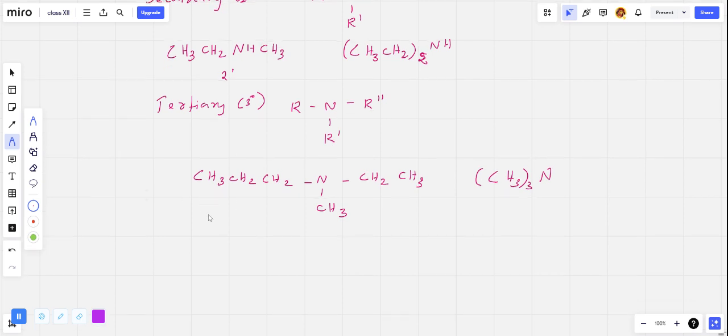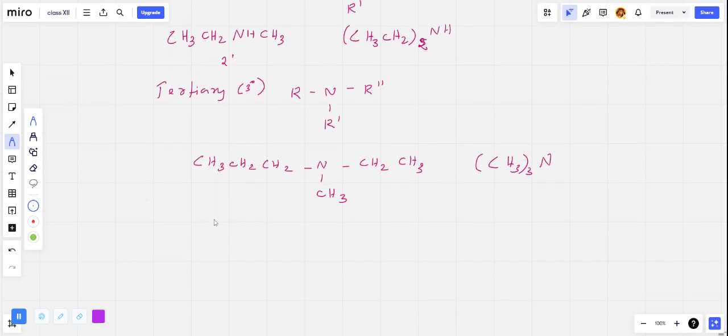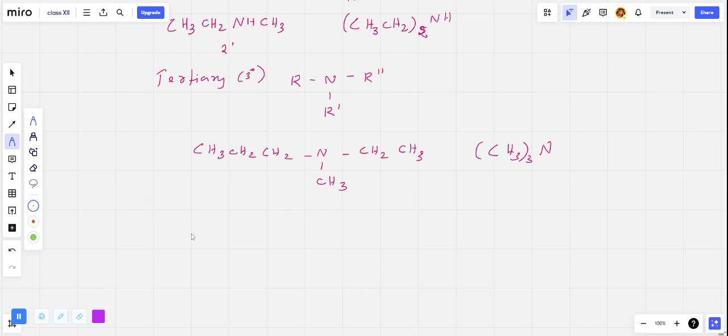Apart from that, some more classifications are there: aryl amines. Up to this, we have seen only aliphatic amines. In aryl amines, a benzene group is attached. Aryl amines have an NH2 group directly attached to the benzene ring, and they are named as derivatives of aniline.